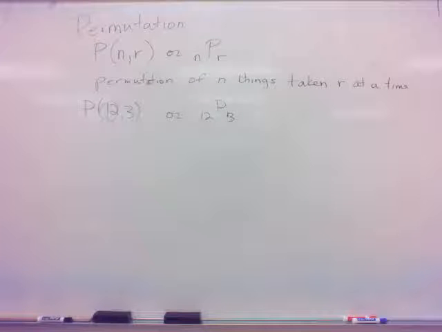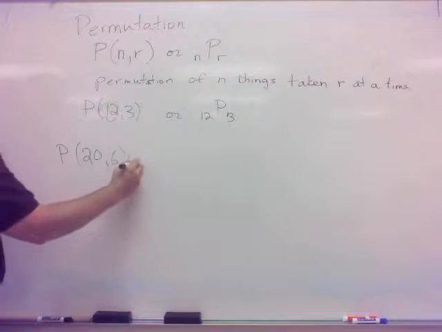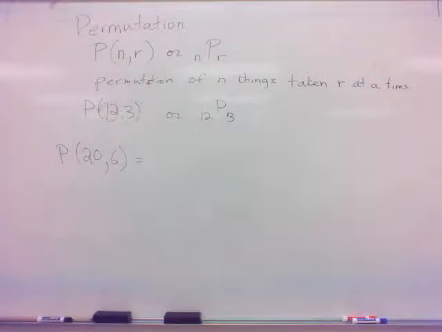All right, let's see if we've got the notation here. 20P6. First of all, enter it on the calculator. See what you get there. 20, then hit the NPR button, and then 6.